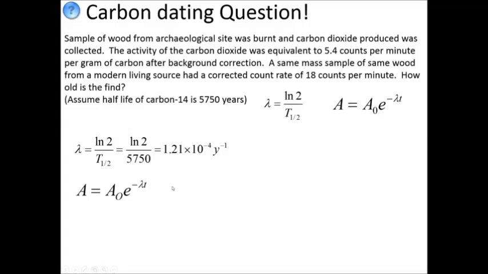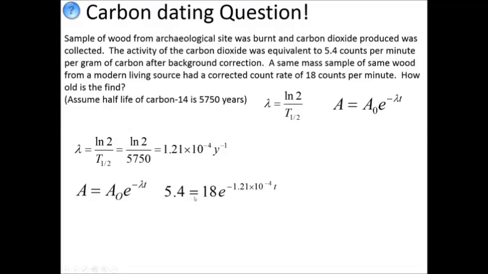Then we can feed this number into our standard exponential decay. So our activity, our 5.4 given in the question counts per minute, is equal to the original 18 counts per minute, multiplied by e to the minus lambda, just calculated, with t, and we're trying to work out what t is.